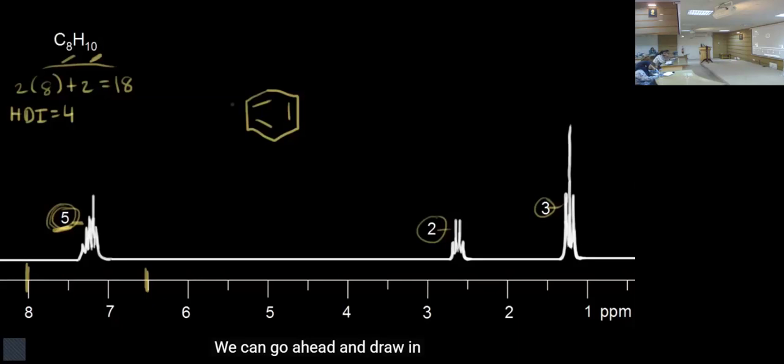So 2 and 1 from here, 2 from here, 1 from here. So 1:3:3:1. The peak will be 1, 3 times the intensity of this one, 3 times the intensity of this one, and then 1. So that is 4. So that proceeds further.